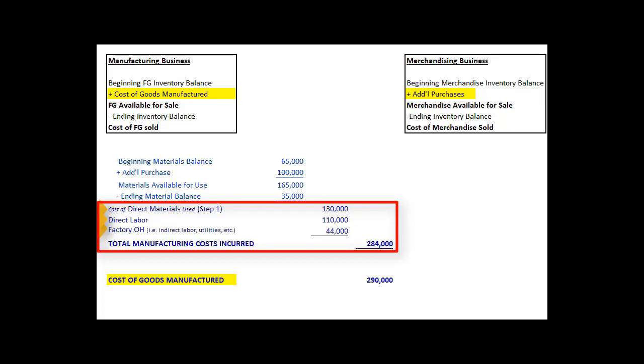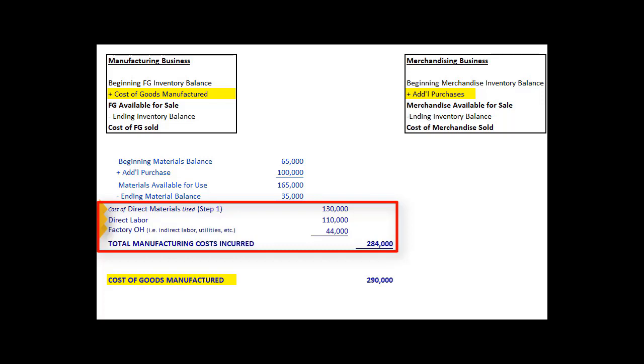That consists of the direct materials used, $130,000, the direct labor cost used, $110,000, and the factory overhead cost used, $44,000. To manufacture our products, we have total manufacturing costs incurred of $284,000.